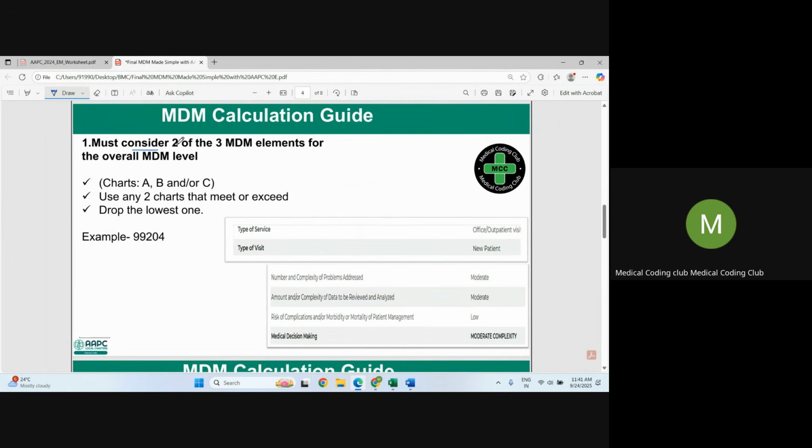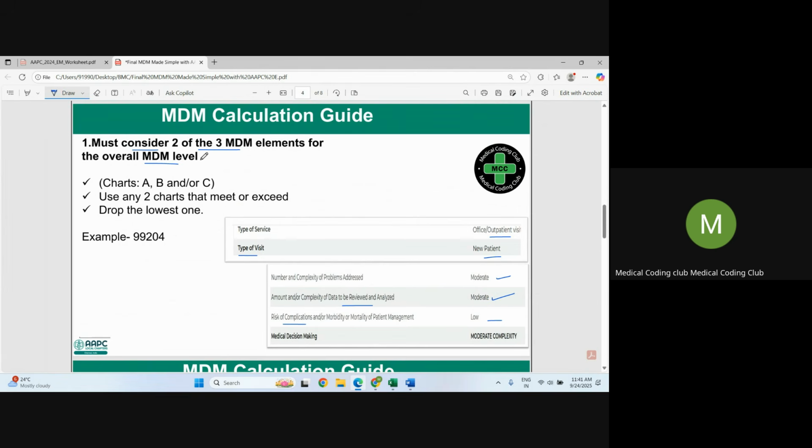You can see must consider two of the three MDM elements for overall MDM level. In this image, you can see that the type of service is office or outpatient setting, type of visit is new patient, number and complexity of problems addressed is moderate, amount and or complexity of data to be reviewed is moderate, and risk of complication is low.